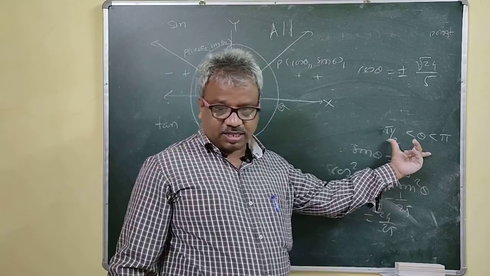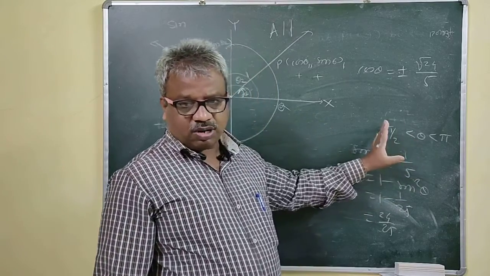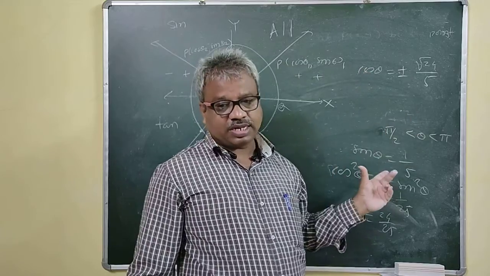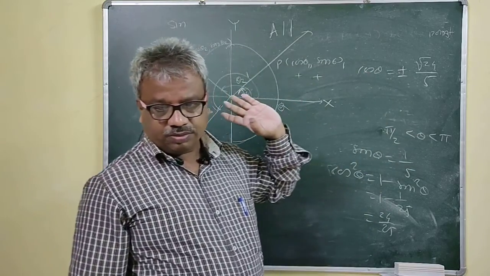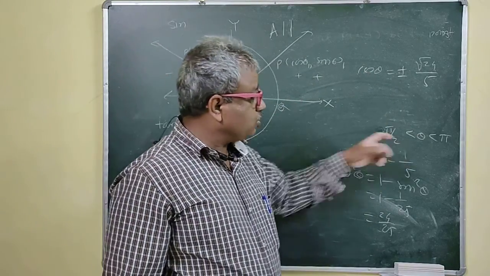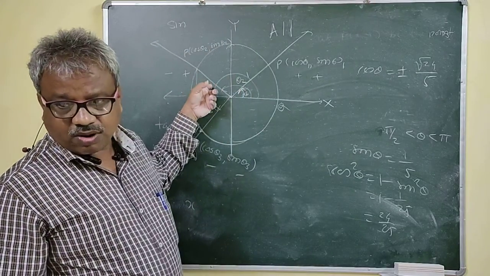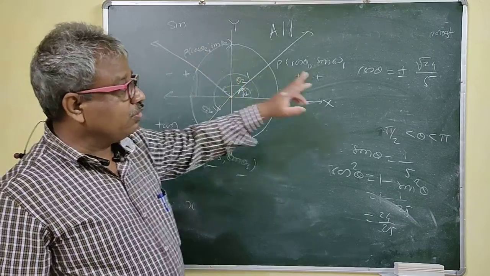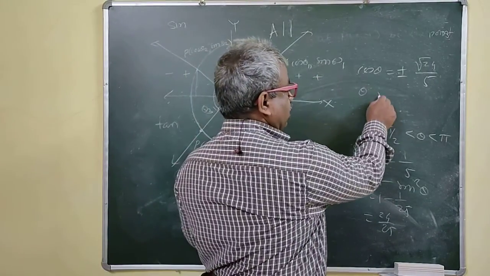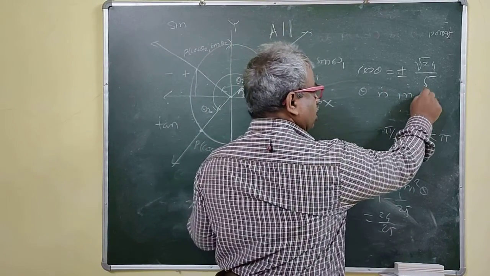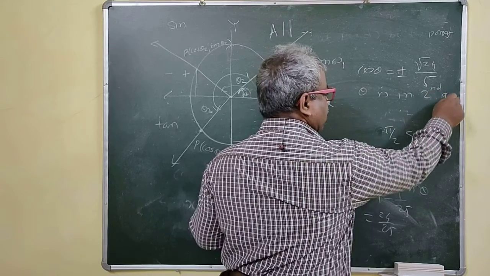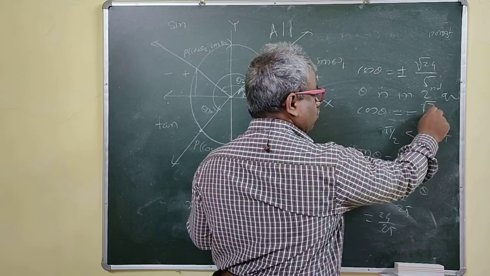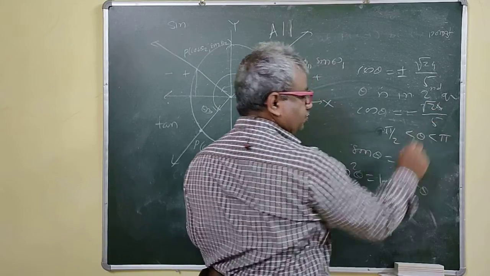So the position of theta is given. If the position of theta is not given, you have to accept both the values. But if the position of theta is given, you have to accept only one value. Now the position of theta is in the second quadrant. In the second quadrant only sine is positive and cos is negative. Therefore cos theta is equal to minus root 24 by 5.